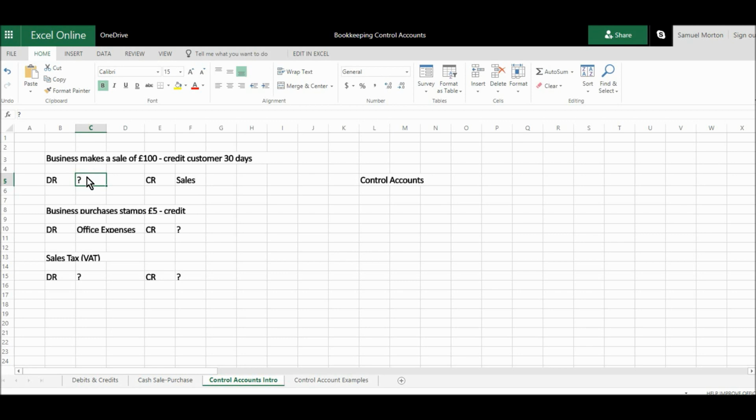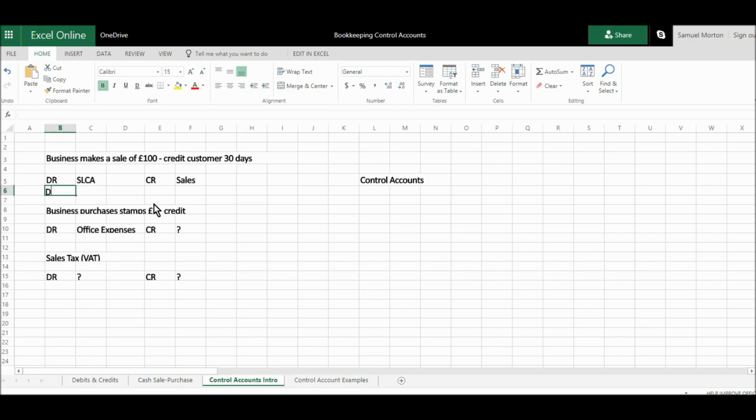Those 2 reasons that I mentioned, of being able to account for everything that is outstanding, a control account will do that, and it will help you to record accurately both sides of a transaction. So with this first example, the sale is a credit and the debit would go to the sales ledger or the sales ledger control account. This is an asset account. It's money that is owed to the business.